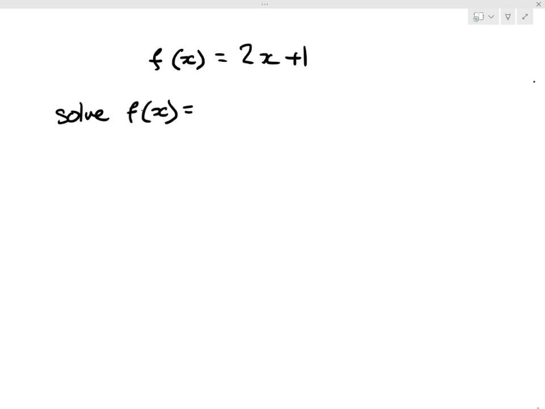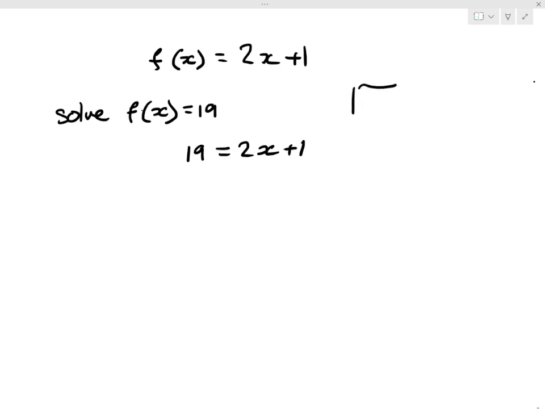Now, a slight twist on that is if we have f(x) equals 2x plus 1, we can have: solve f(x) equals 19. So 19 is the output of that function. All we need to do is put 19 equal to that function, and we're finding out what the input is.